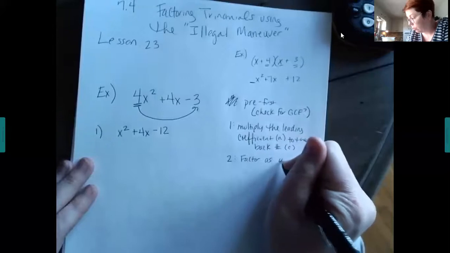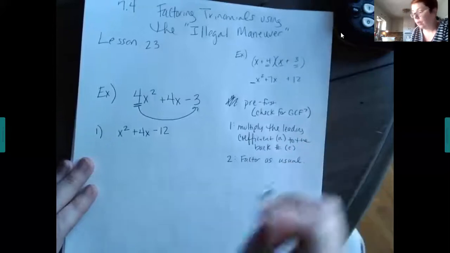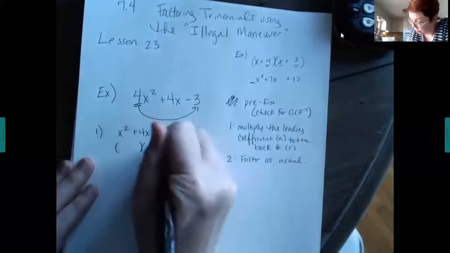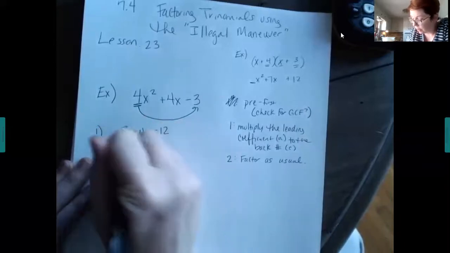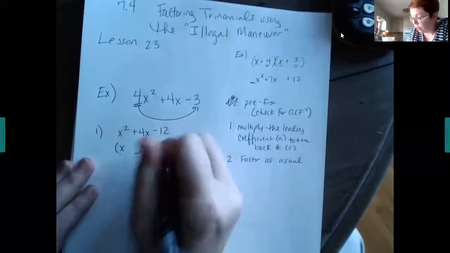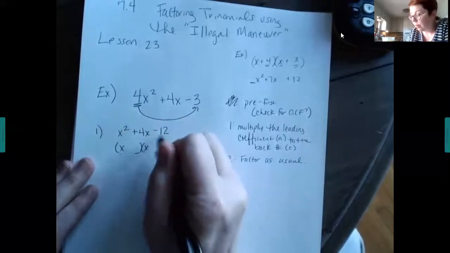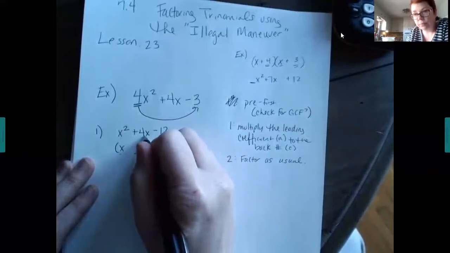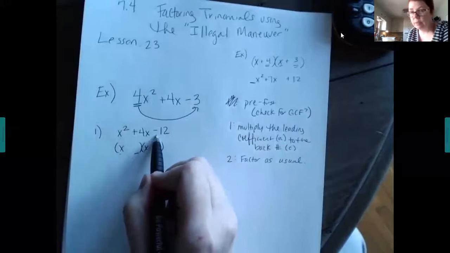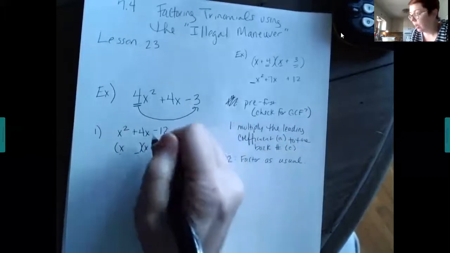Factor as usual. Okay, we're going to break this back up into 2 groups. x times x gets us x squared. What times what multiplies to get 12, but we'll add or subtract to get 4? So again, you kind of want to take a look at the sign. 12 has a few sets of factors.